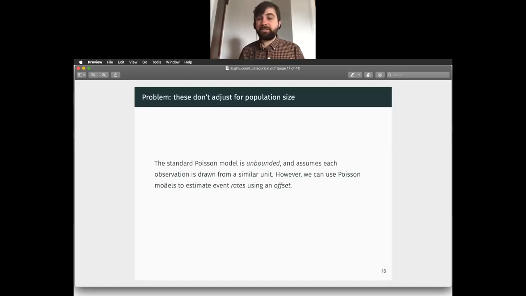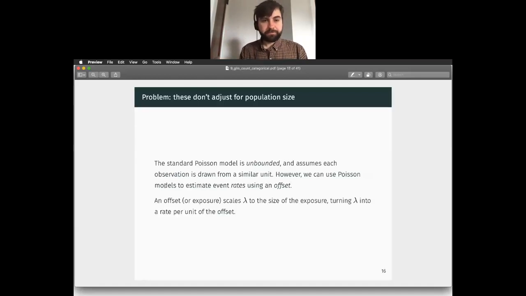But effectively, we can convert our model away from a count into a count per unit exposure, a count per unit offset. In this case, we're going to turn it into a count per unit of population, but it could be a count per unit time. So it scales lambda to the size of the exposure, and it turns into a rate.